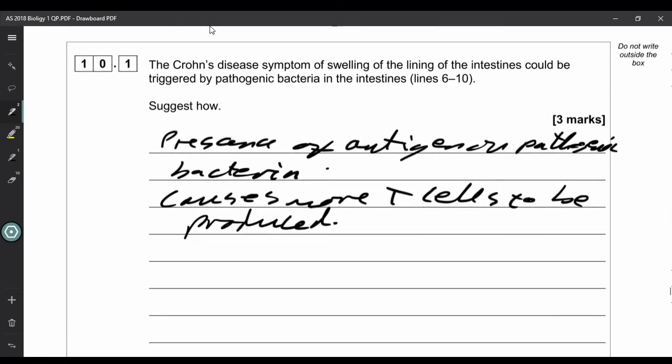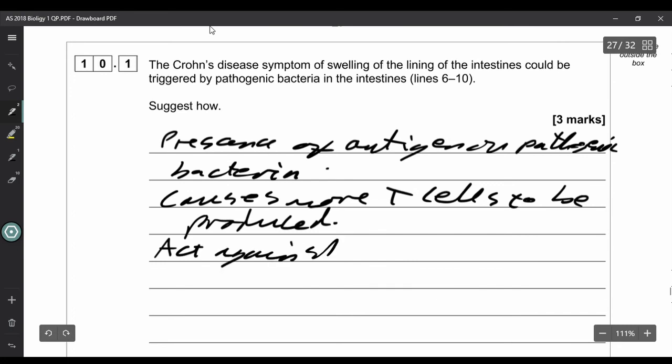So it's the presence of these pathogenic bacteria that causes the T cells to be produced. And the T cells are then going to act against the pathogenic and the normal bacteria. So these act against the pathogenic and the normal bacteria.